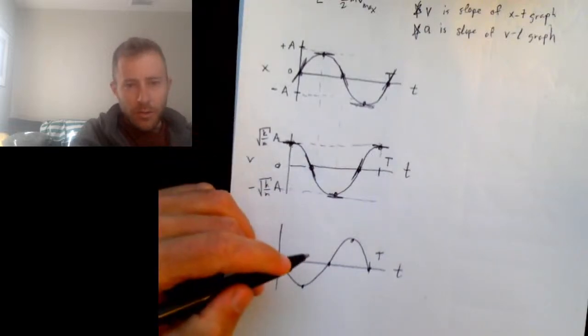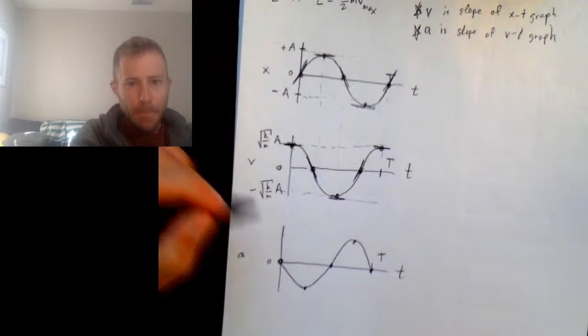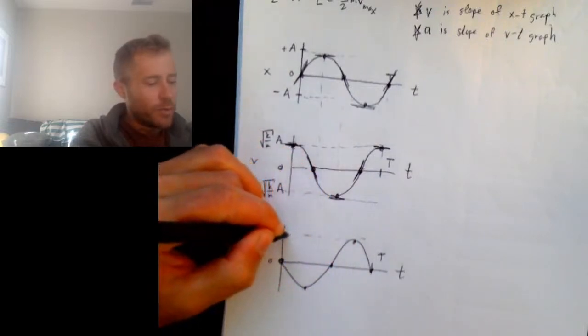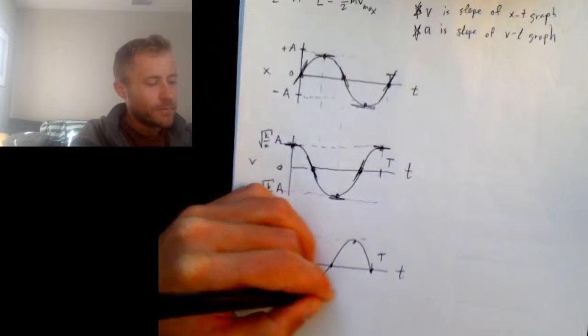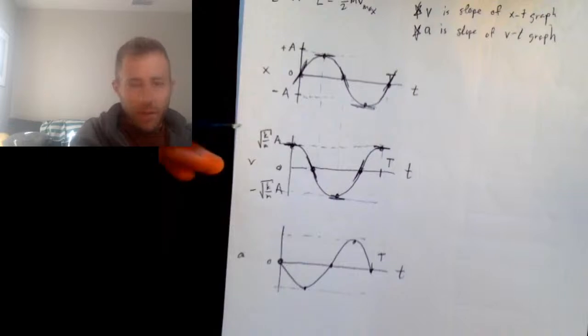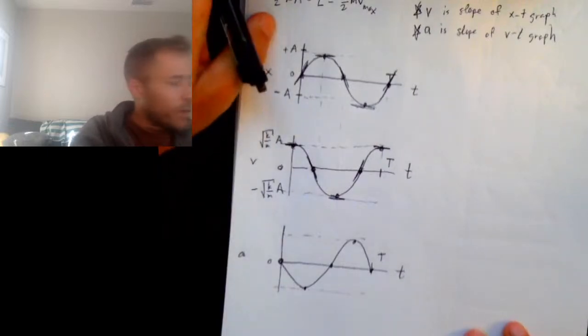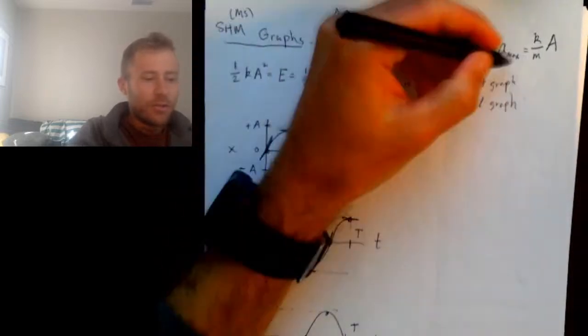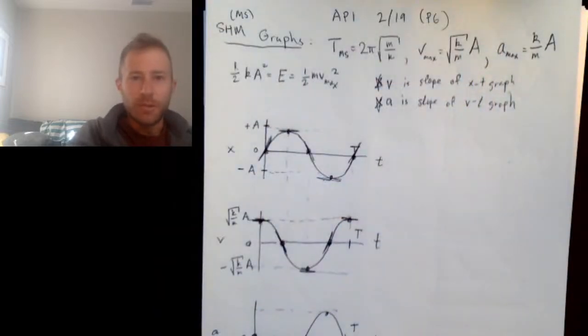Now what we want to do is figure out, what does this graph wiggle between. Okay. And so to do that, we go to our equations. In particular, I have an equation for the maximum acceleration.